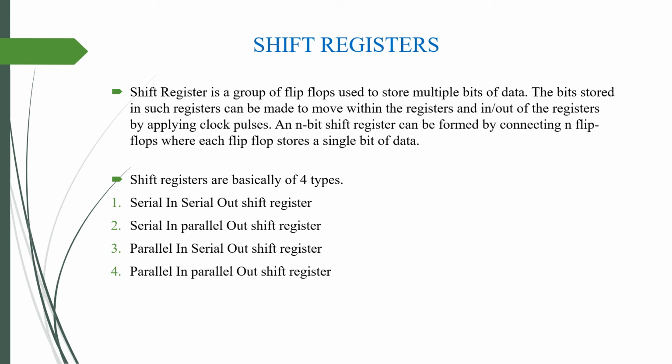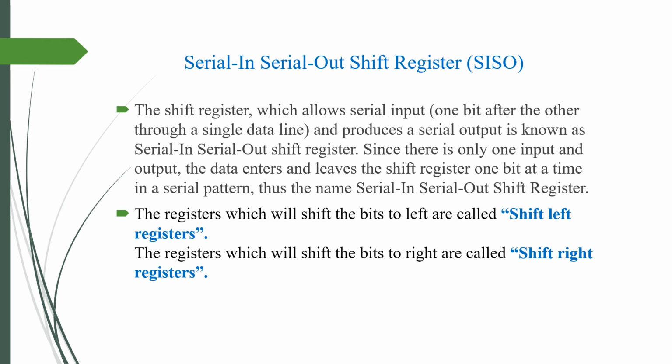There are four types of shift registers: serial in serial out register, serial in parallel out register, parallel in serial out register, and parallel in parallel out shift registers. Now we will see the serial in serial out type of shift register.